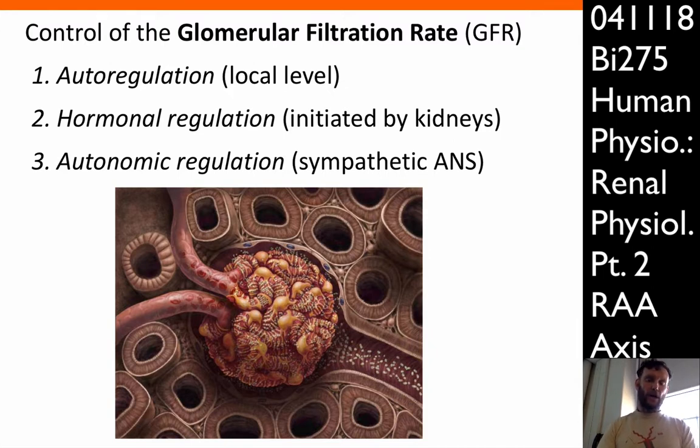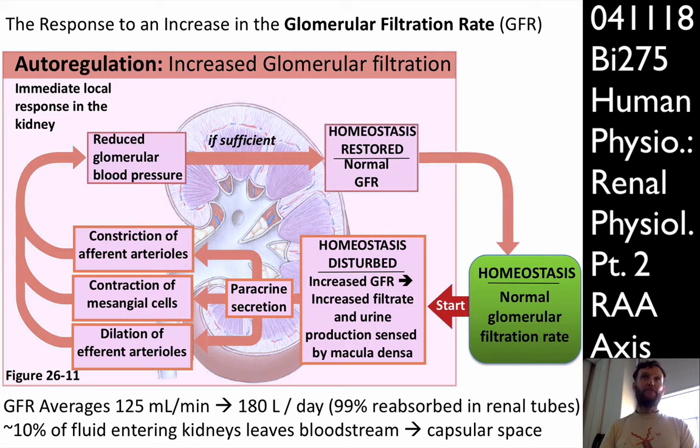So we'll touch on the autonomics lightly and mostly focus on the hormonal and a little bit of the auto-regulation of the GFR. The regulation of the GFR is related to other functions of the kidney, specifically blood pressure. Okay, we'll get to that in a bit.